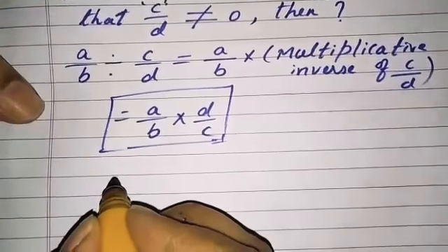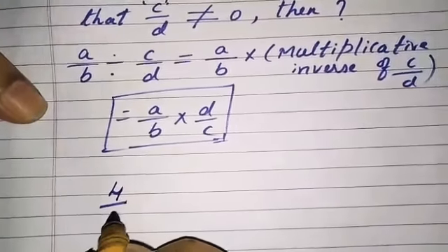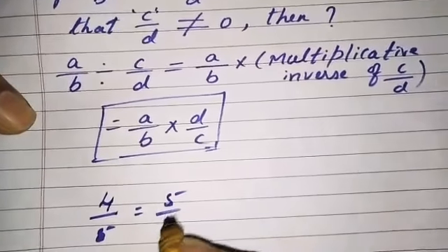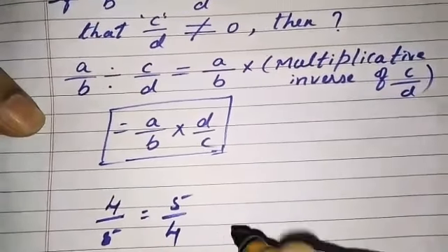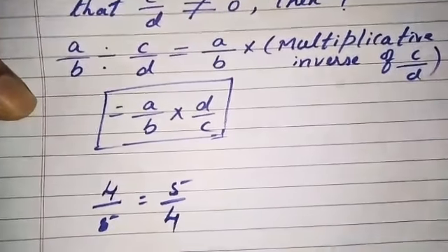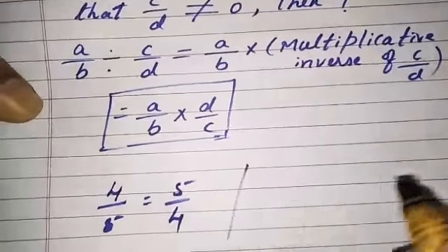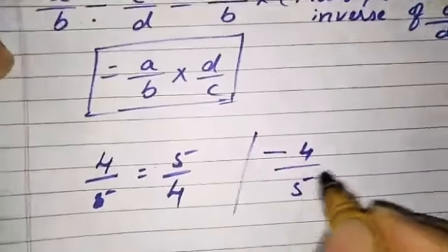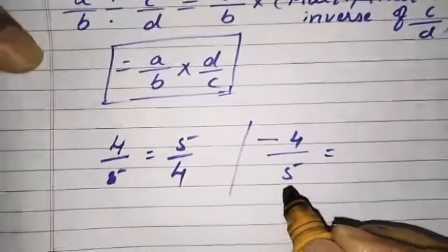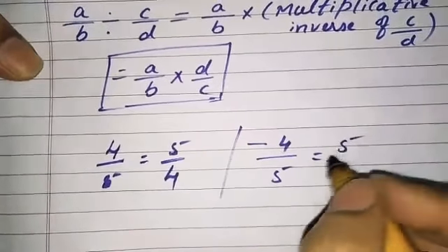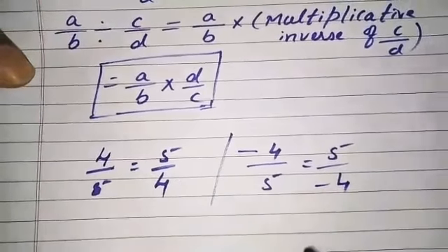The multiplicative inverse of 4 by 5 would be simply 5 by 4. Let's say it's minus 4 by 5. The multiplicative inverse of minus 4 by 5 is going to be 5 by minus 4. You just have to take it upside down.